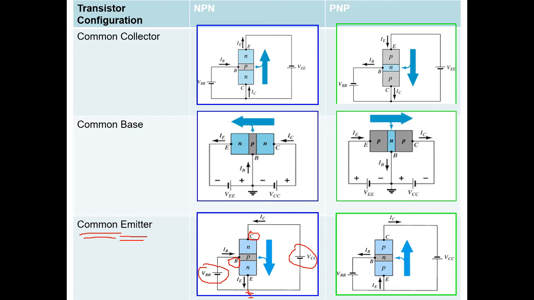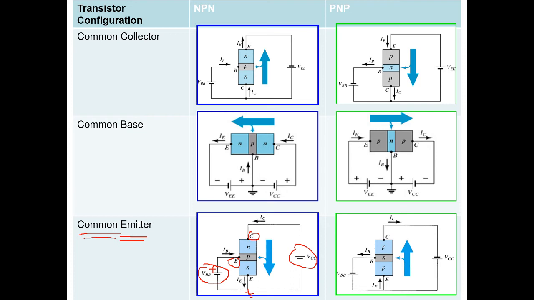Here you know that the P-type is positive, so in order to always make it forward bias, you can just connect your base to the positive terminal. So you connect your base to the positive side of the battery, right?